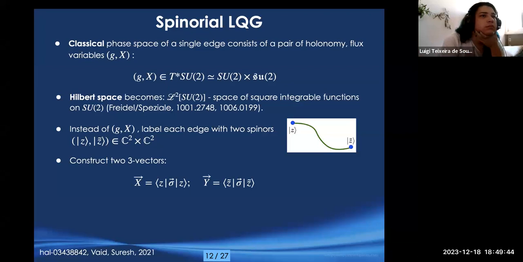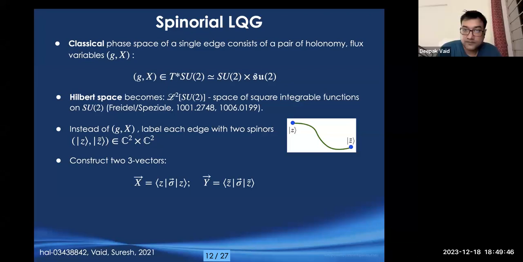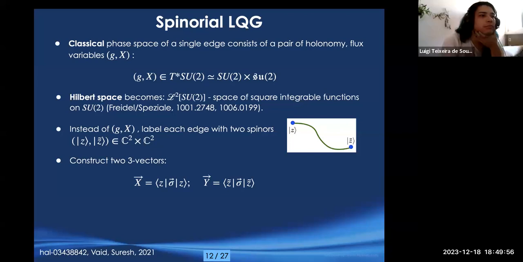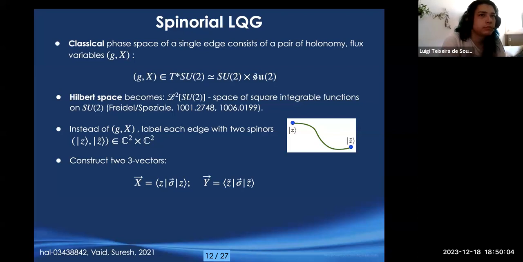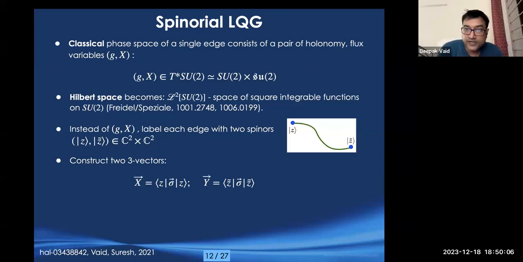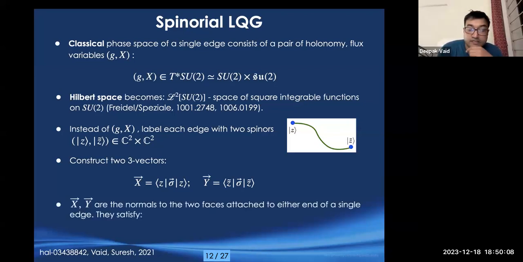You can take the bracket of the spinor with the Pauli matrices, and you can get back 3-dimensional vectors. This is the same thing in reverse; going from 3-dimensional vectors to SU2 is the reverse of that. And you can get a pair of vectors like this, X and Y.